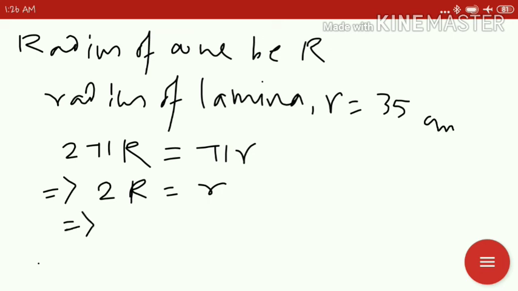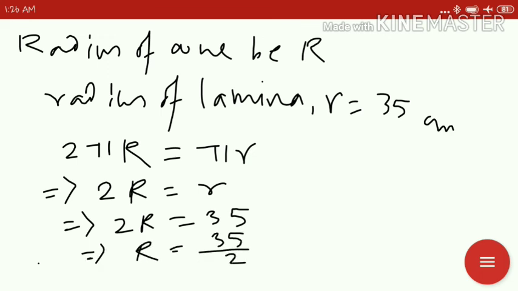We know the value of the small r, that is 35. So capital R equals 35 by 2, that will give 17.5 centimeter. That is the radius of the cone. Now we need to find out the curved surface area.